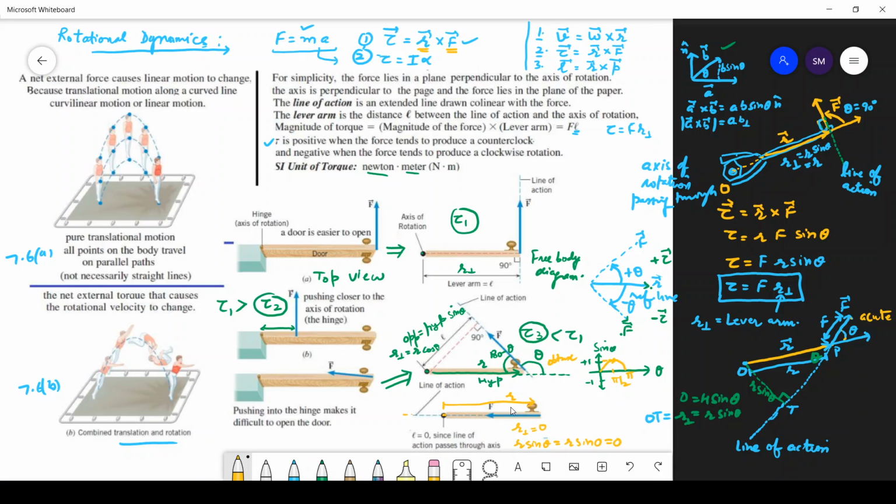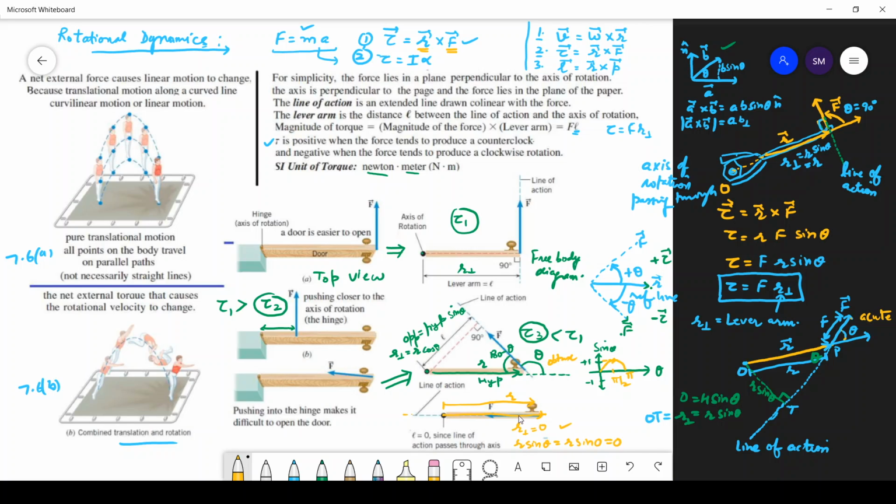This is my vector, this is how we write r. So r perpendicular is 0 here, because theta is 0, so sine theta is 0.